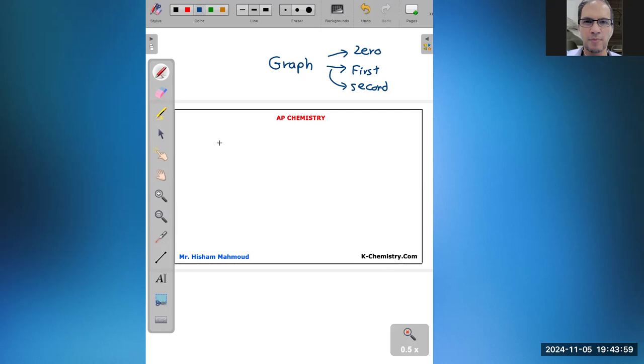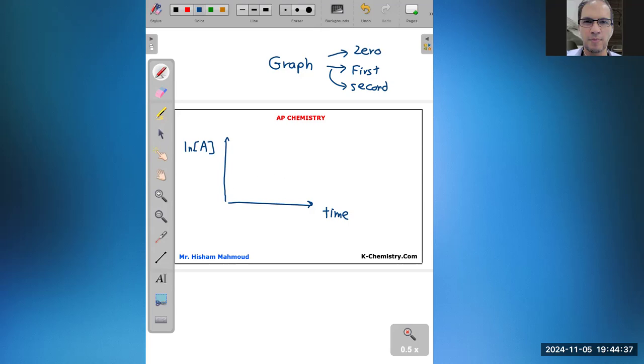If you made the graph with a y-axis and x-axis, and you put the natural log of the concentration at this time versus time, so I did not put the concentration versus time, I put the natural log of the concentration, and you get a straight line.